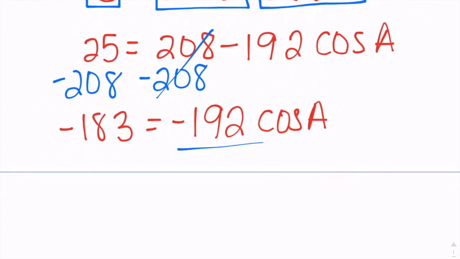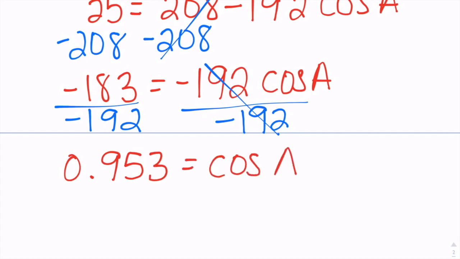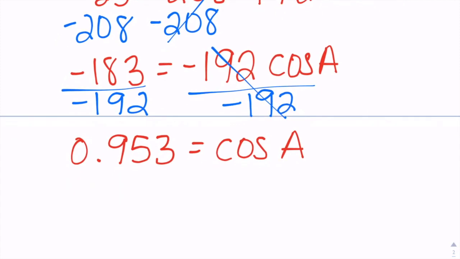And then I'm going to divide each side by negative 192. And so I end up getting this decimal equals the cosine of angle A. If you remember from previous days, to solve for a missing angle, you have to do the inverse.